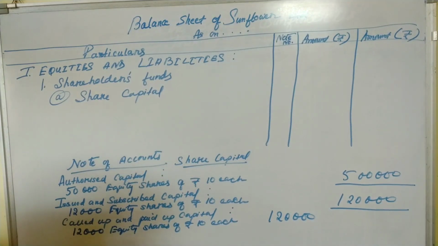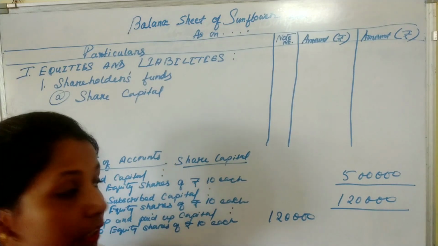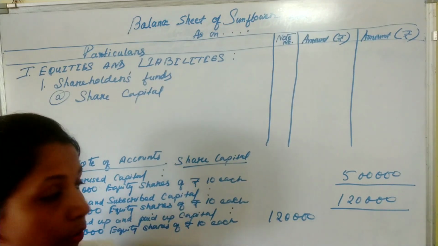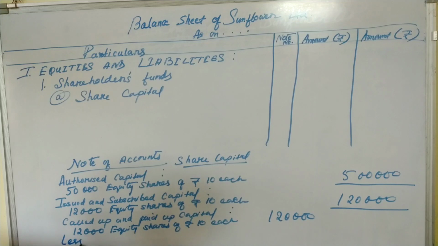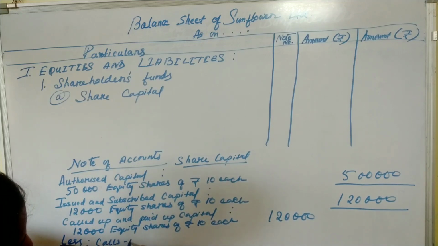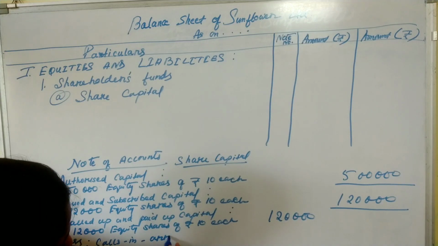Now the paid up capital. See here in this question, share calls in arrear is there. That means one shareholder is holding 1,000 shares. He didn't pay the final call. So here we will show the paid up capital. So we will write here less calls in arrear.